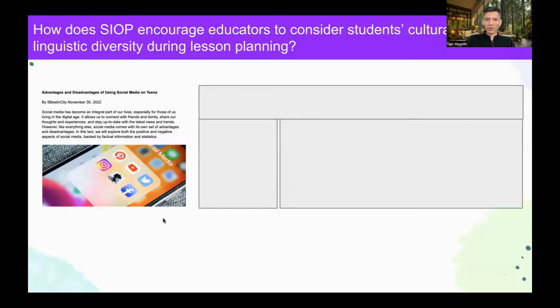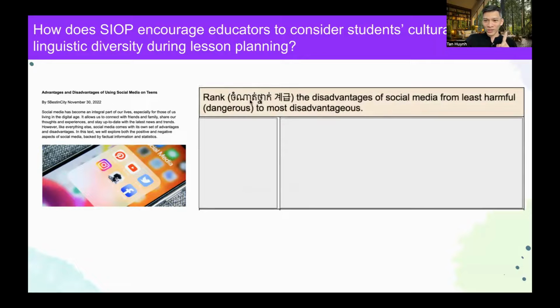Let me give you another example. My students were looking at the pros and cons, the disadvantages and advantages of social media. And after reading about the disadvantages, I had them rank, again, do you see the translanguaging here? Rank the disadvantages of social media from least harmful to most disadvantageous. I had students work together in their same language groupings.